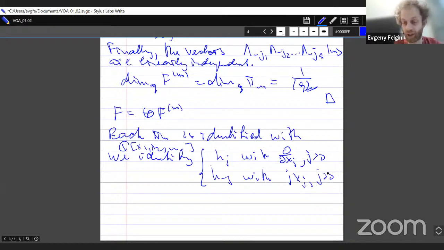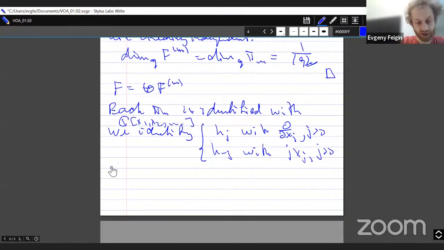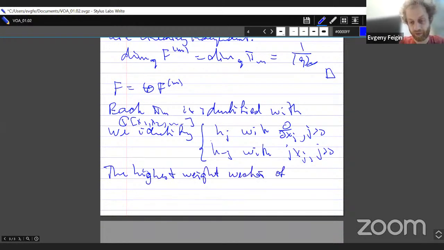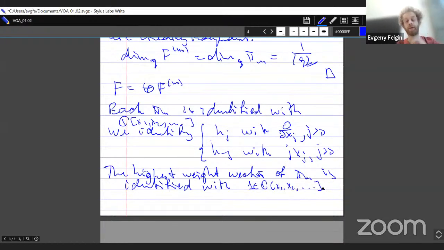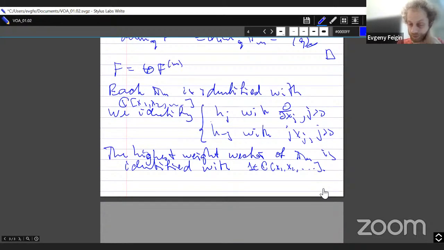With such an identification, the highest weight vector of φ_m is identified with the unit. Okay, so this is the identification.